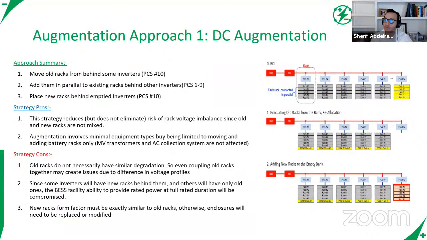So if I know that, for example, technology like Enervenue, the nickel hydrogen technology, has a high self-discharge rate compared to lithium, I probably don't want to use that technology for a backup power application, because in backup power applications, what are you doing? You're just basically charging the battery and waiting for an outage, right? So you don't want to have a battery technology that has high self-discharge rate in a use case like that.